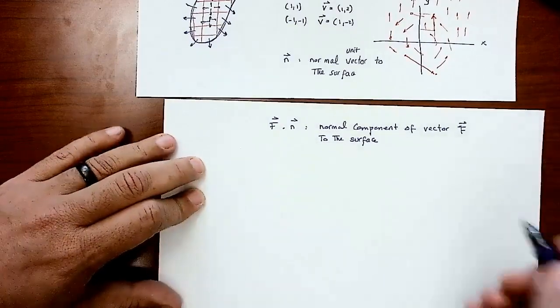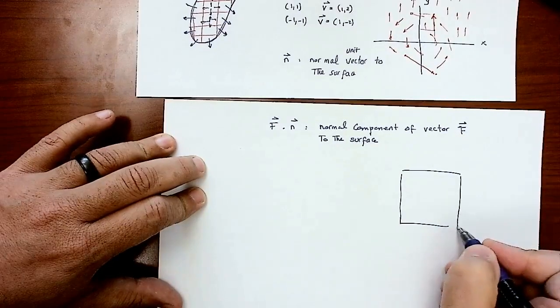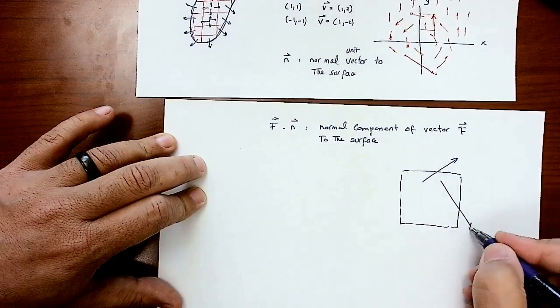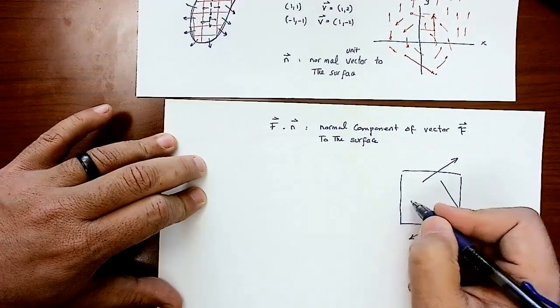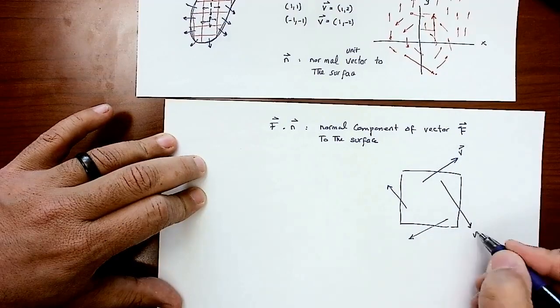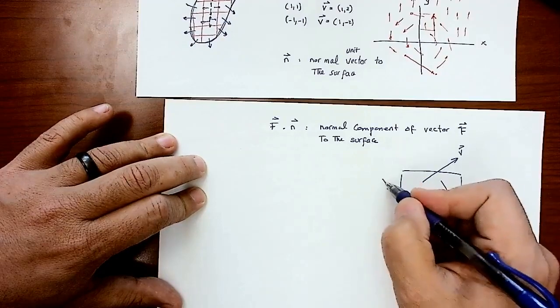What does that mean? Let's assume that our surface is that rectangle here, and you have a velocity vector going this way, this way, this way, and this way. This is my velocity vector for each face of that control volume.